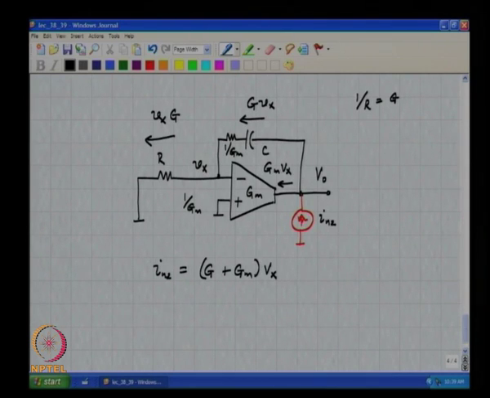What are we interested in, however? We are interested in VO, right, okay. So, can you help me evaluate VO?